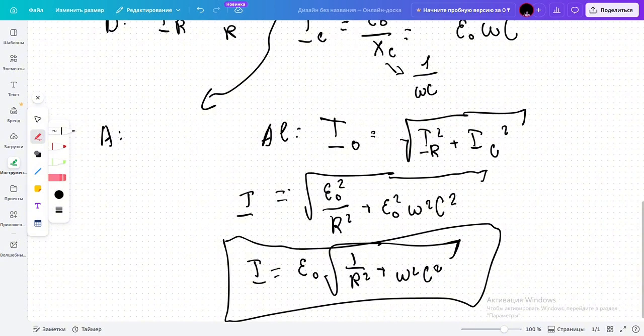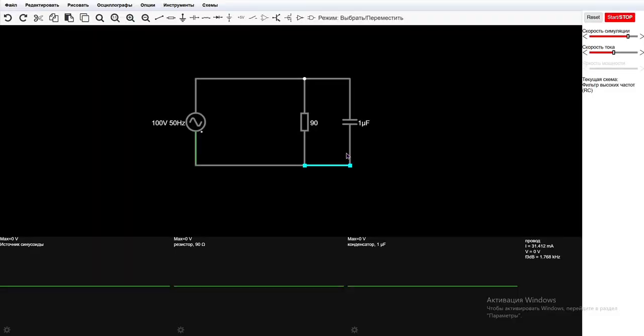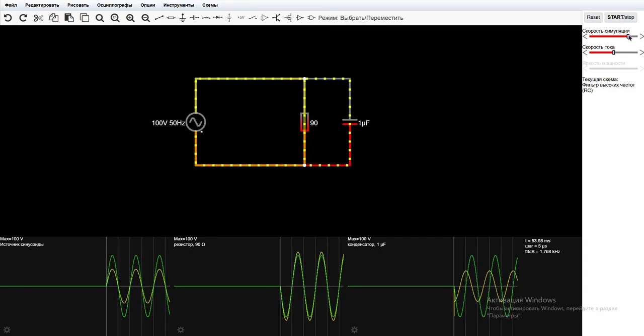So let me show it in the simulation. I already built the circuit. Let me start it actually. Reset and started.